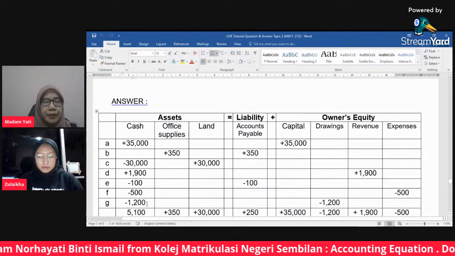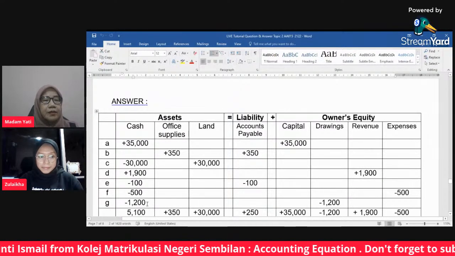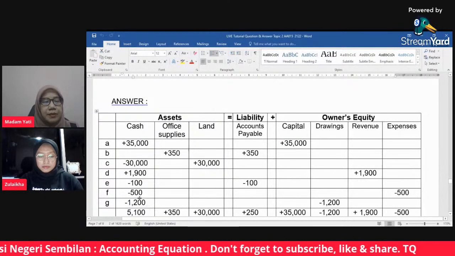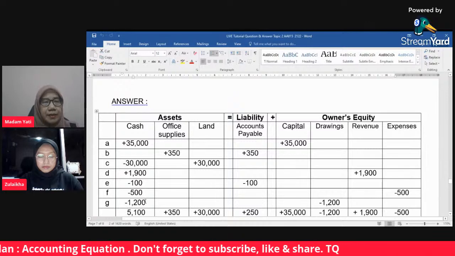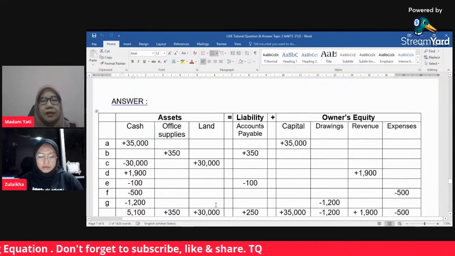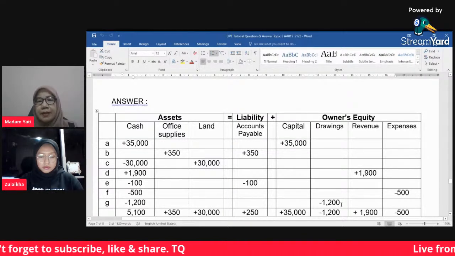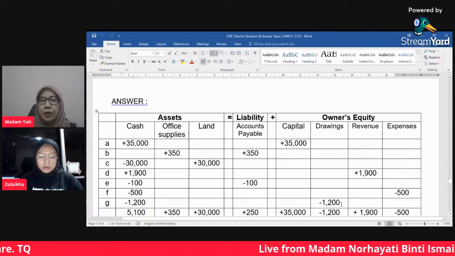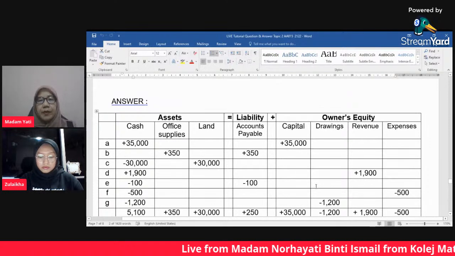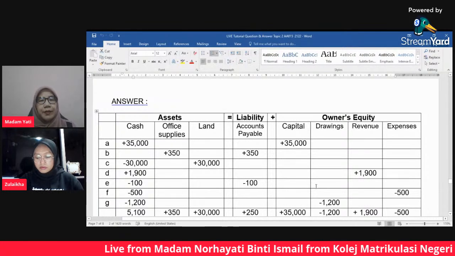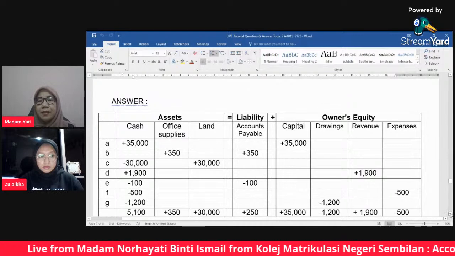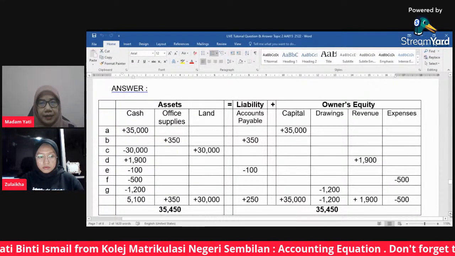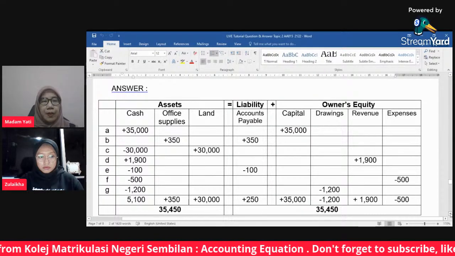So kalau withdrew, that means the owner took cash from the business. So it will decrease the amount of cash at the left side equals to the right side, iaitu it will decrease owner's equity. Which column? Drawing. Okay, so after that you have to see the balance for total asset, or you have to calculate total asset based on column.